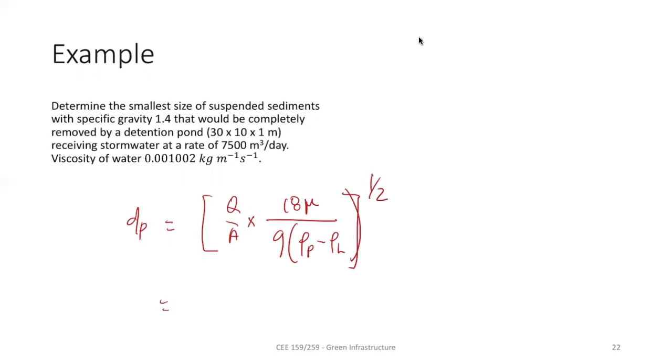You know flow rates, you know area, everything else is given. You know acceleration due to gravity, water density, as well as particle density. Just plug in the numbers and you will get the answer. There is nothing else really to solve.